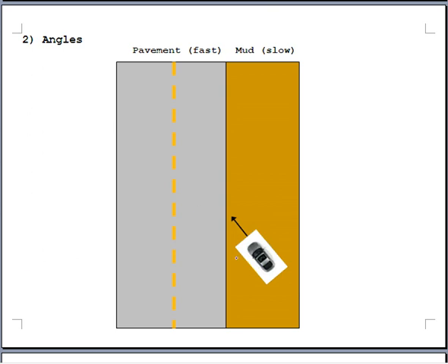If the left-hand side of the car speeds up but the right-hand side is going slow, it's going to bend the car that way. So when you go from something slow into something fast, it bends towards the boundary line.